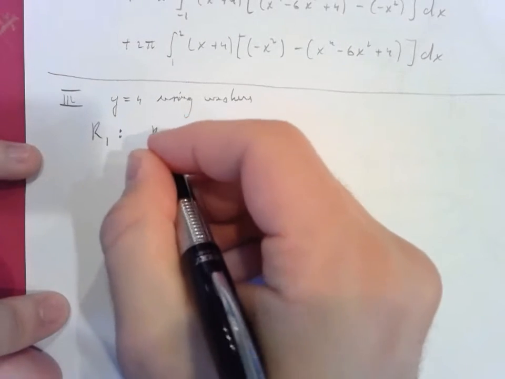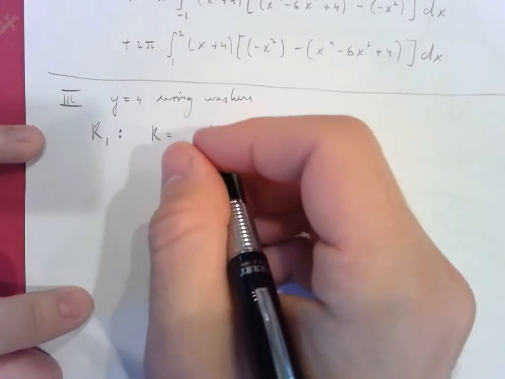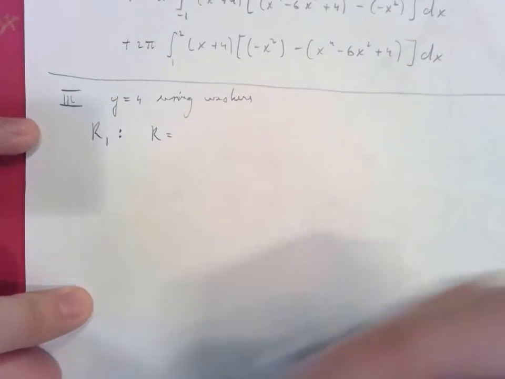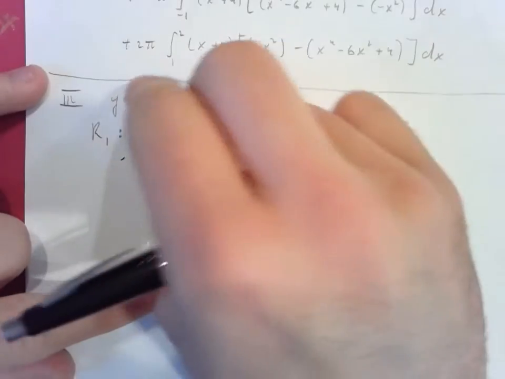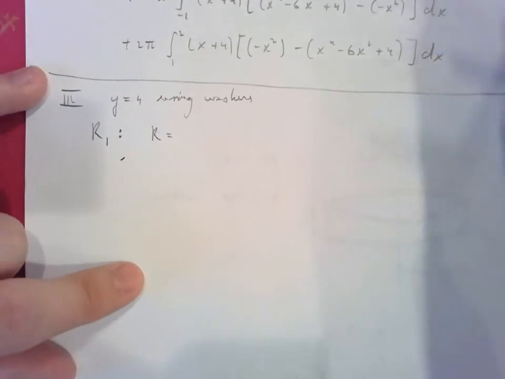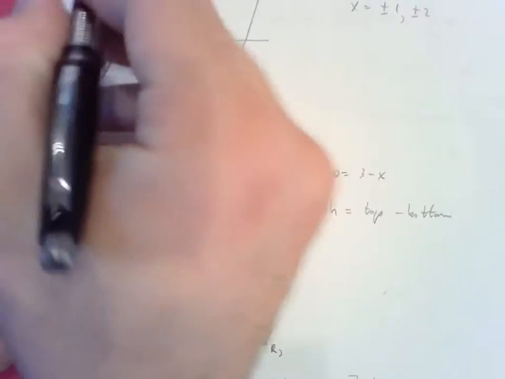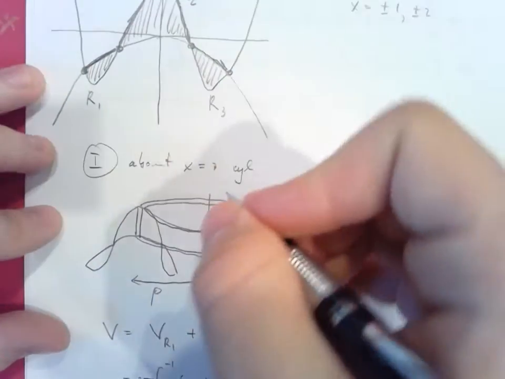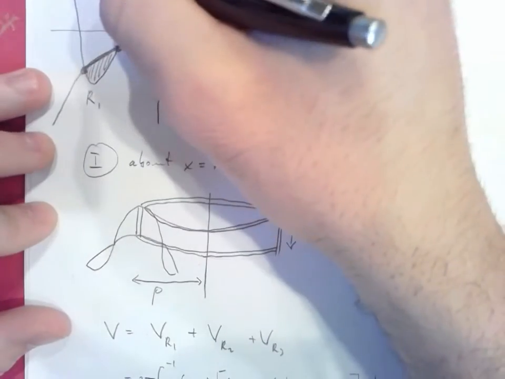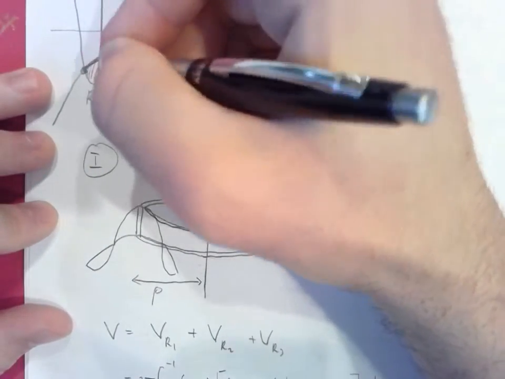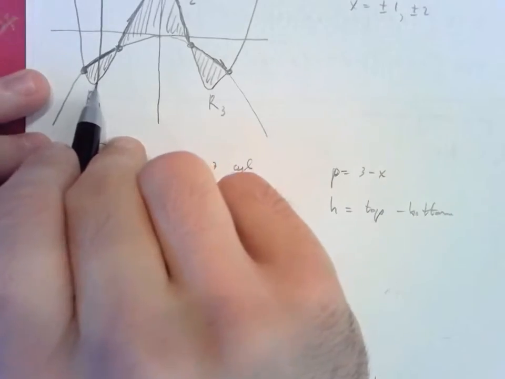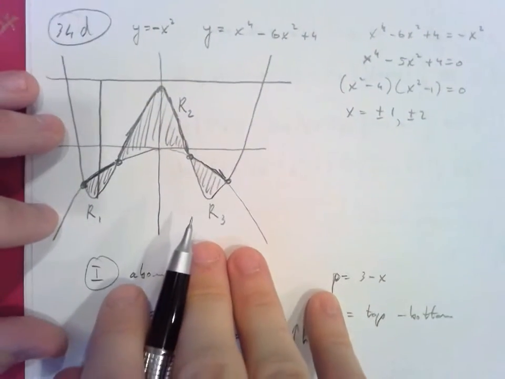So the big radius, the outer radius, is going to be, well, let's see. Let me quickly go back to what my region was on this other side. So I'm revolving it about a horizontal line.